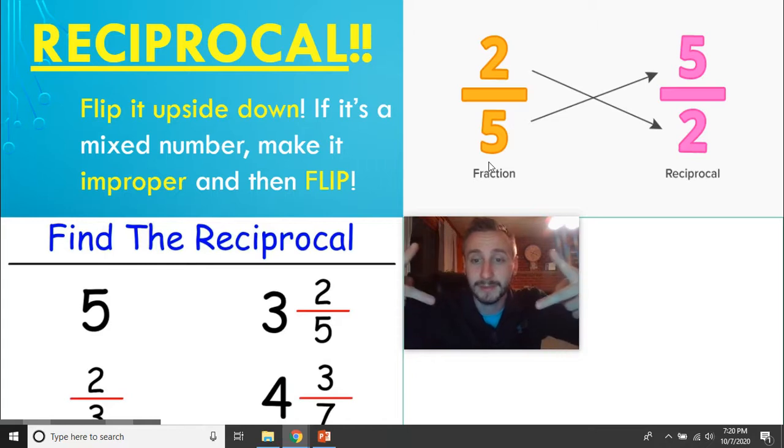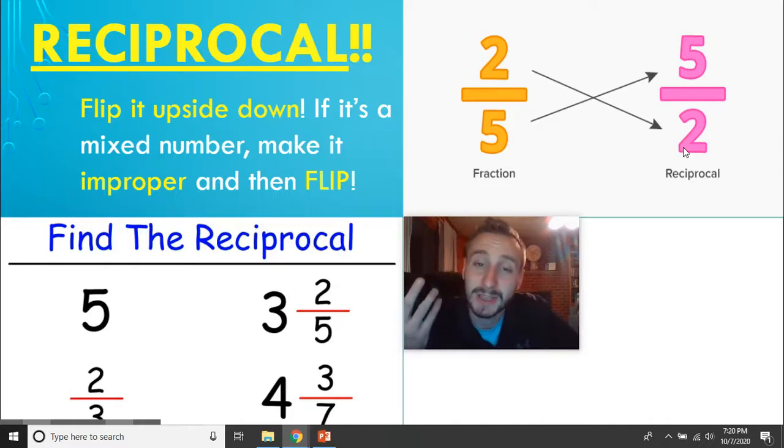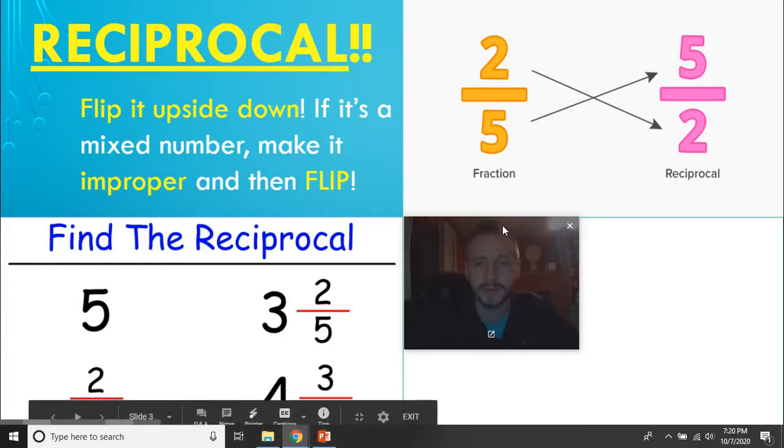The reciprocal is the flipped version of it, which is 5/2. So the original is 2/5, we flipped it, it's 5/2. That's the reciprocal. And the reason we want to know this is because we use the reciprocal in order to divide our fractions.